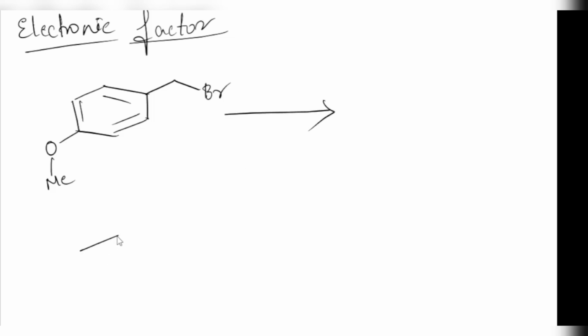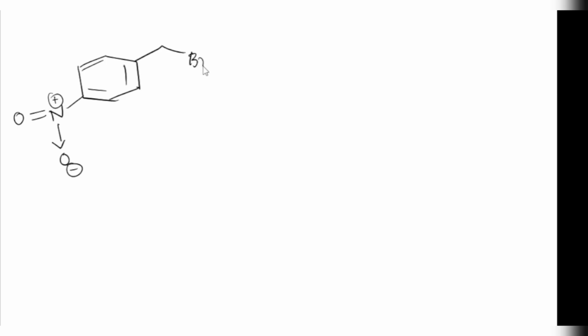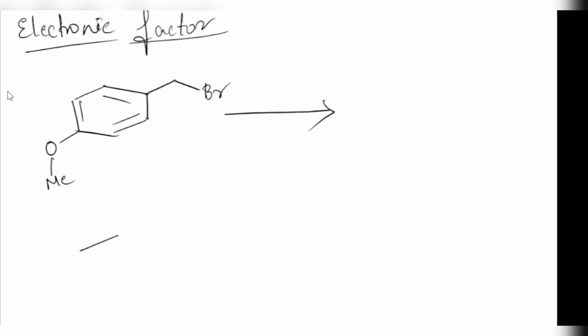And suppose this benzene group is attached to an electronegative group, that is a nitro group. Here it is having positive and this is negative charge. This is a benzyl group, here it is attached to bromine. Okay, these two cases I will take as examples.